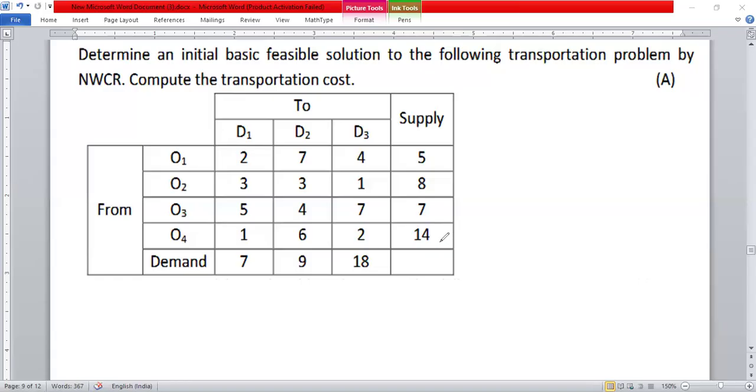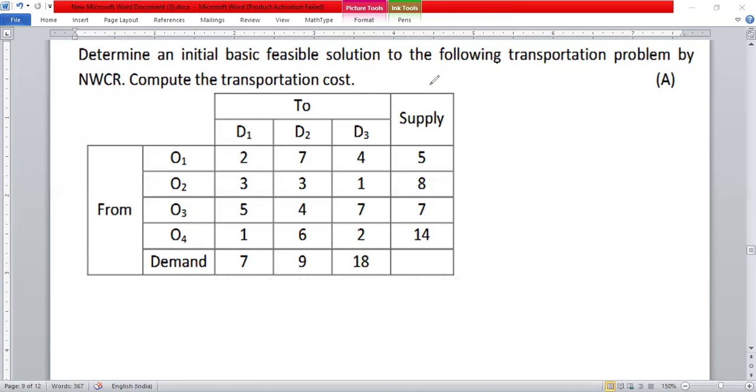Compute the transportation cost, and I'll add one more: whether there is a degenerate or non-degenerate solution. Note that O1, O2, O3, O4 are all origins, and D1, D2, D3 are all destinations. Instead of demand, there is bj also. Instead of supply, there is ai also.